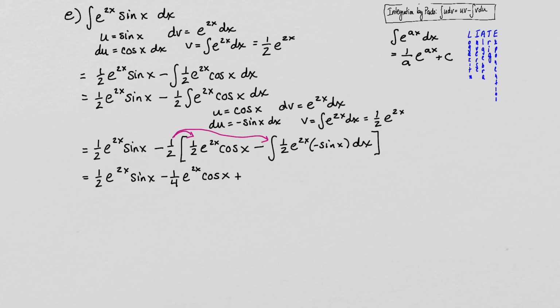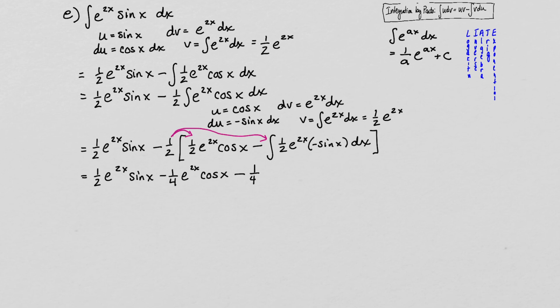Again, 1/2 times, oops, actually, I should be careful. So I have minus 1/2, and another minus. So all together, it's still going to be a minus. And then 1/2 times 1/2 is 1/4. And then I have the integral of e to the 2x sine x dx.